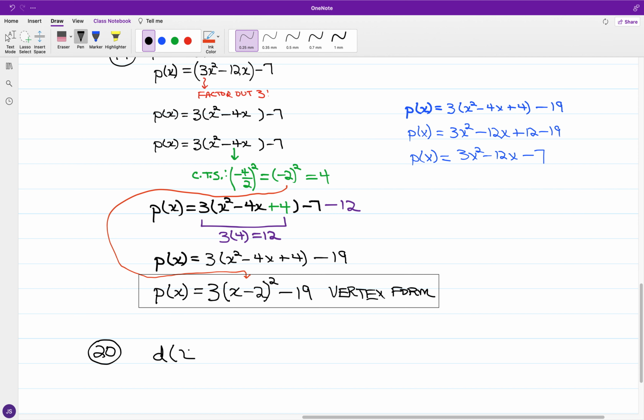okay, so now we have in standard form the function d of x equal to negative 3x squared minus 9x plus 8.